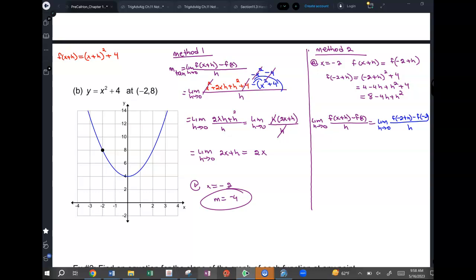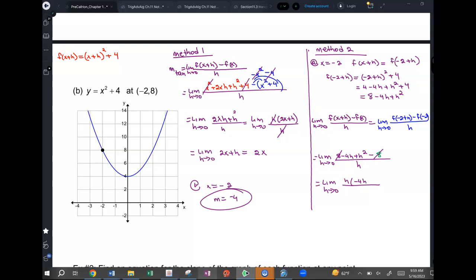Okay, so now let's plug in what we have. What was f of negative 2 plus h? It was this, right? Minus, what's f of negative 2? 8. All over h. And now look, the 8's cancel. Can we factor out an h?